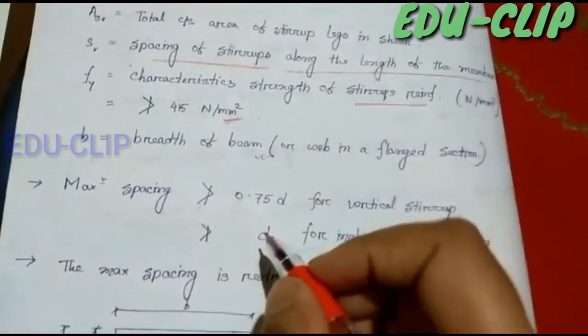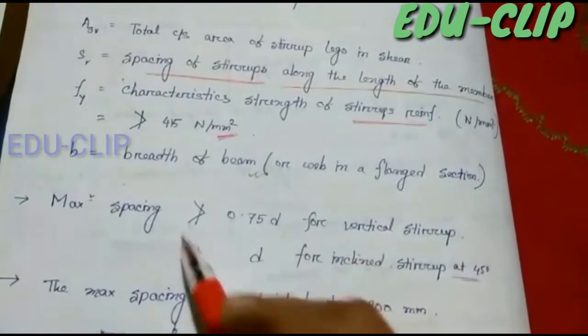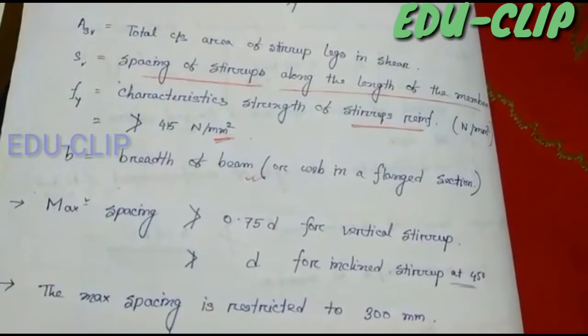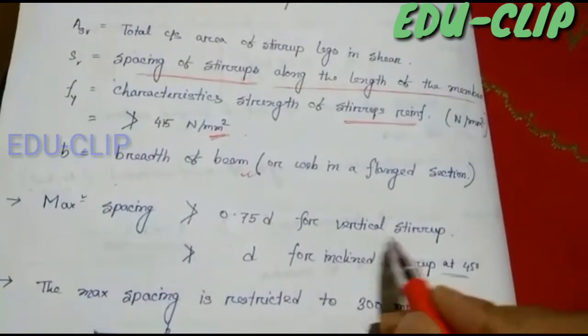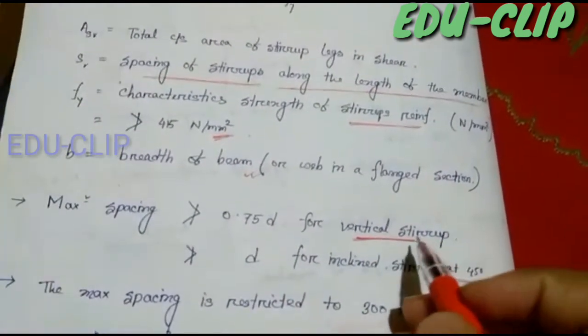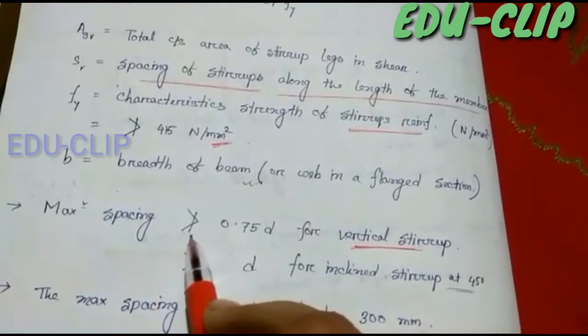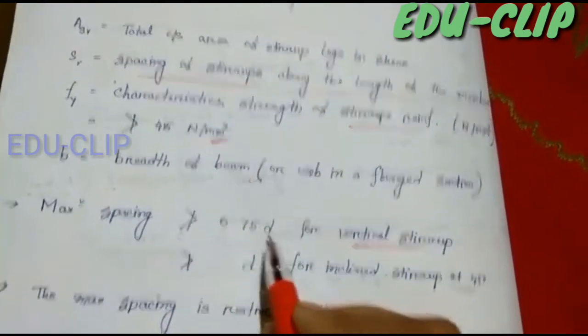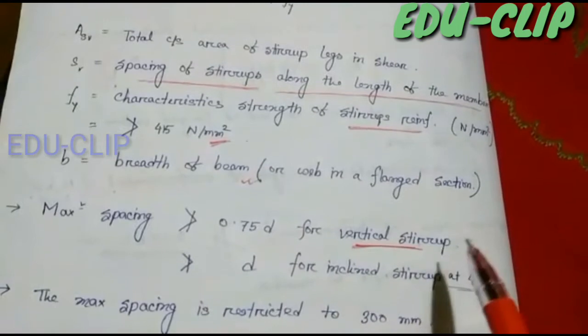Again, maximum spacing. There are two conditions for maximum spacing. If the stirrups are vertical, then the maximum spacing should not exceed 0.75 d.